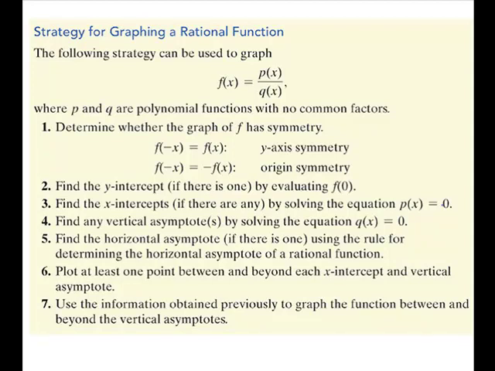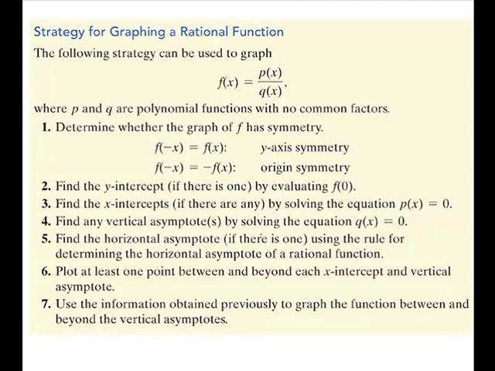When you set your function equal to 0, only the numerator has to be 0, because 0 over anything gives you 0. So I just set 0 equal to the numerator to get x-intercepts, if there are any.